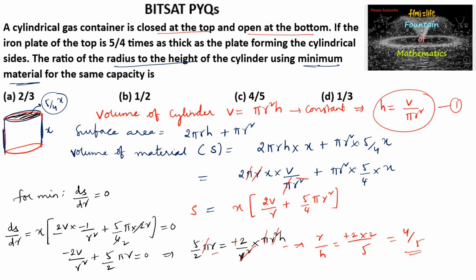So r by h is equal to 4 upon 5, and make sure that the double differentiation d square S by dr square, if I differentiate, will be positive. Whenever it is positive, we can consider that for the value of r upon h equal to 4 by 5, the volume of the material is minimum. So we can consider 4 by 5 is the answer, option C.